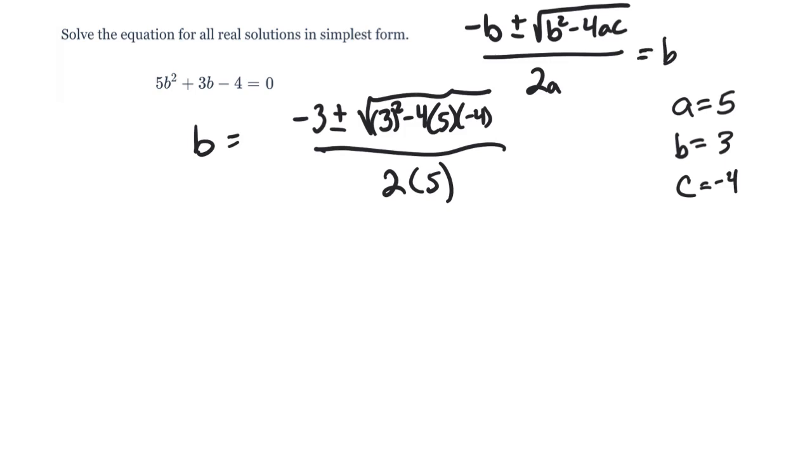I don't like that they use the variable b because I've got b over here. I don't want you confused. In this case, we're just trying to find that variable. So don't get confused thinking that this b is the same as that b. It's not the same. This b is just the coefficient for what would normally be the x term.